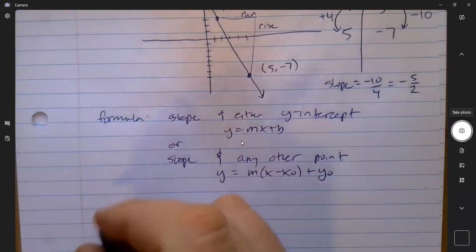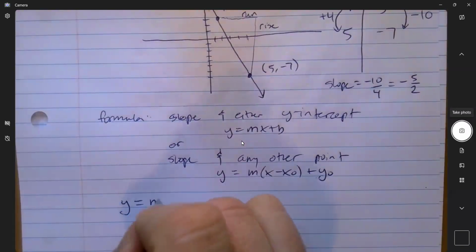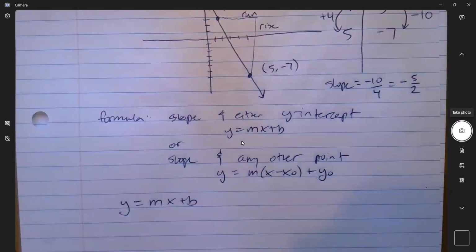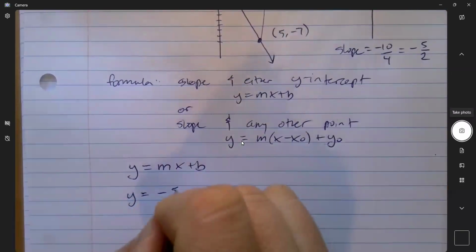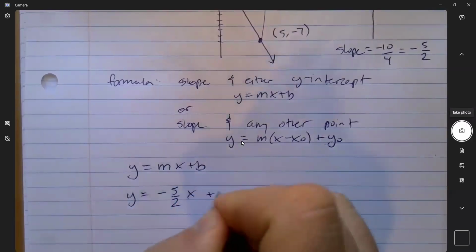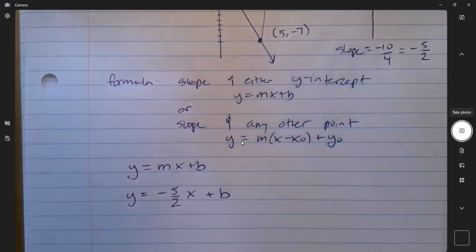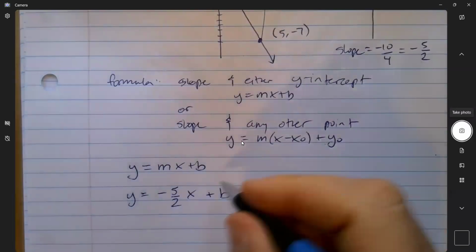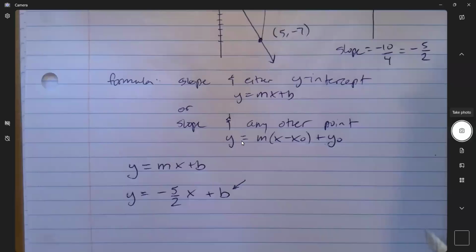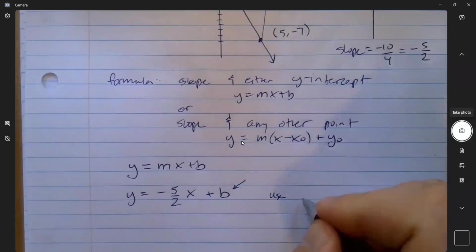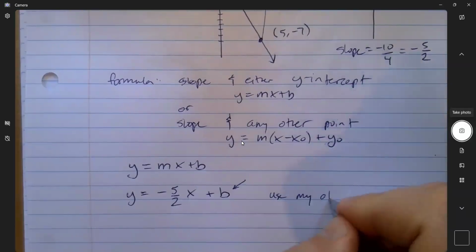And the way you do that is you say, I know that y equals mx plus b, and I know that m is minus 5 over 2. So now I've filled in part of my information. I'm still looking for b, so I'll use my other information.